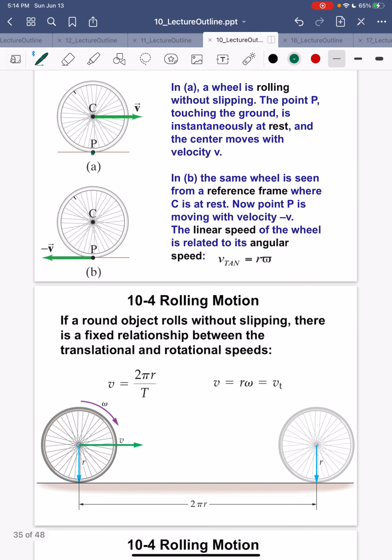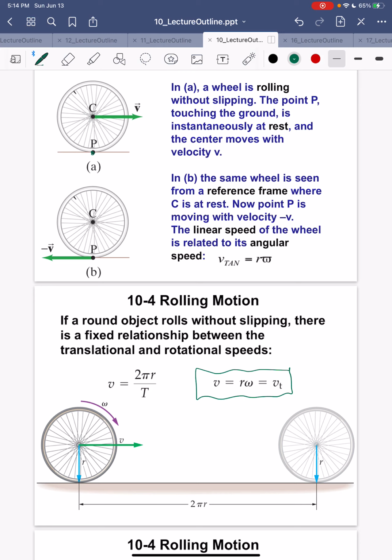Now if we have any object that is round, like a sphere, a cylinder, anything, that rolls without slipping, there is a fixed relationship between the translational and rotational speeds. And that is the case: v equals R omega equals v tangential. This is only valid when I have an object that is rolling without slipping.